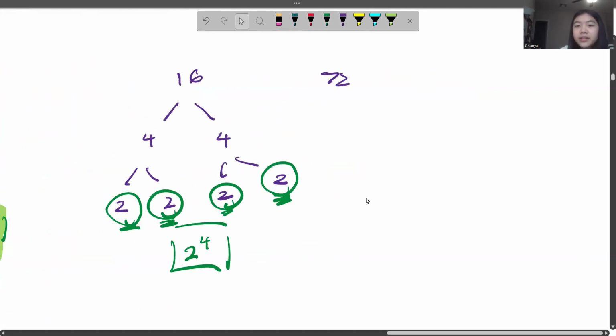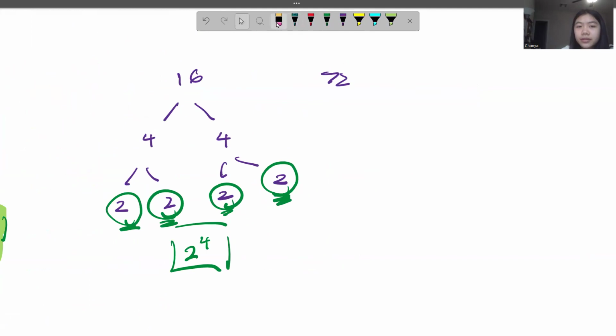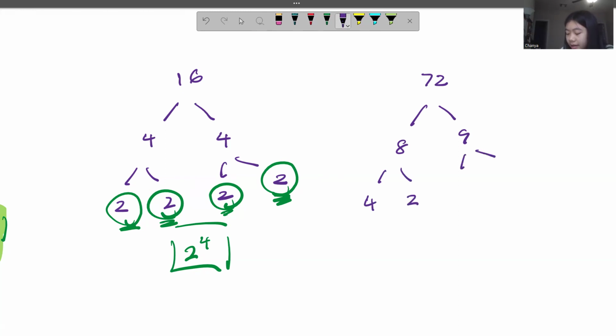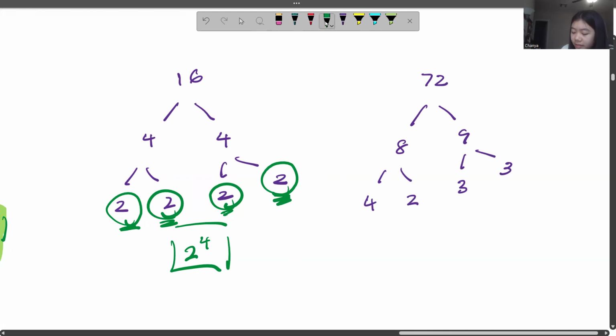Okay. So for 72, I'm just going to erase this and move it a little bit to the right. So 72, I'm going to break this down into 8 times 9. Then I ask myself, are any of these prime? No. So I can break 8 down into 4 times 2. I'll break 9 down into 3 times 3. I ask myself, are all of these prime?